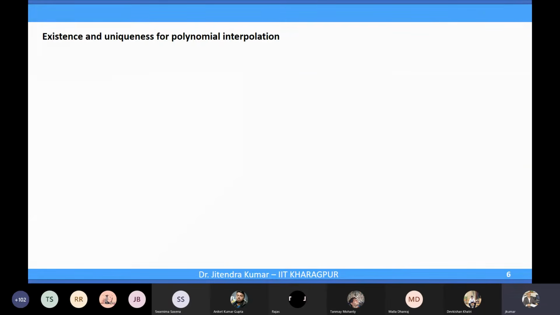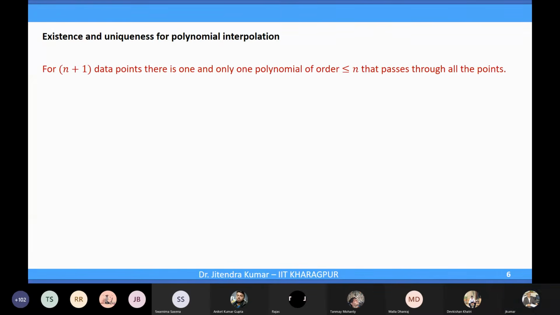Now we come to the existence and uniqueness of polynomial interpolation. This is an important result which I will explain here. For n plus 1 data points, there is one and only one polynomial of order less than or equal to n that passes through all the points.